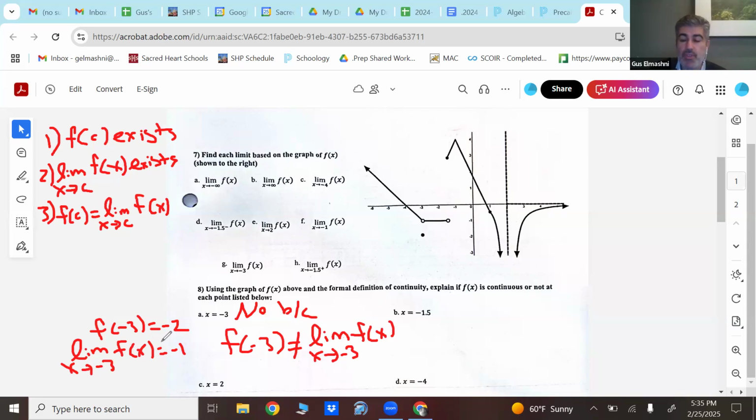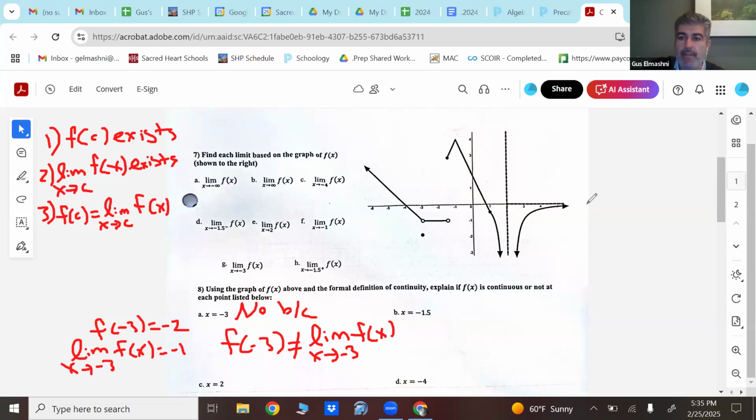That's how you have to say it. You have to show me what f of negative 3 is and what the limit is, and that they're not the same. That third condition failed. So basically go 1, 2, 3.